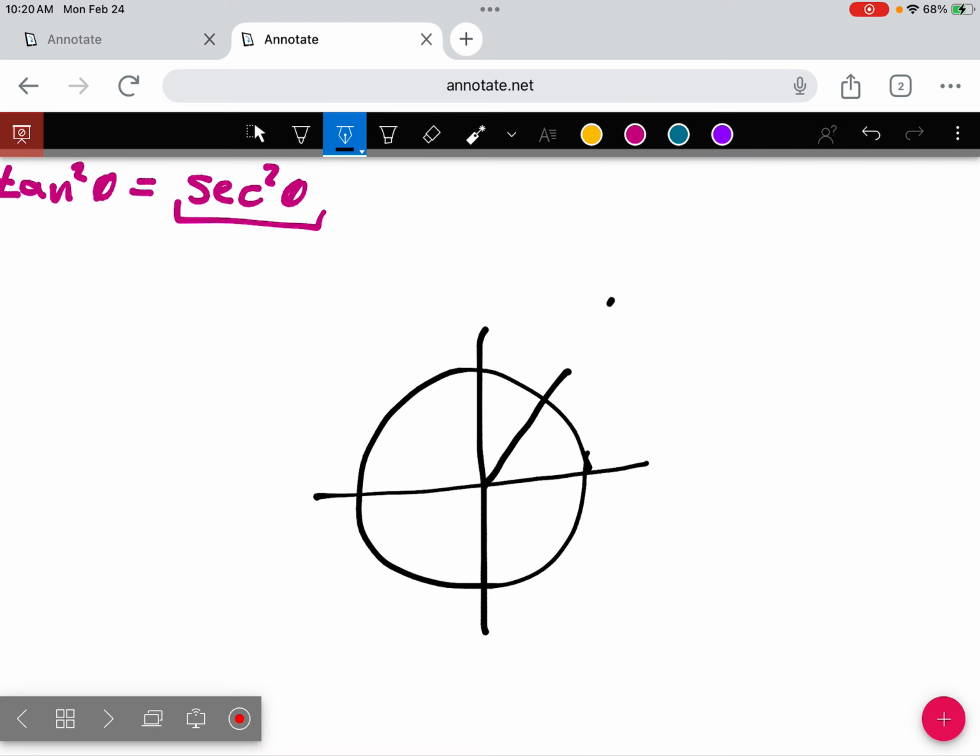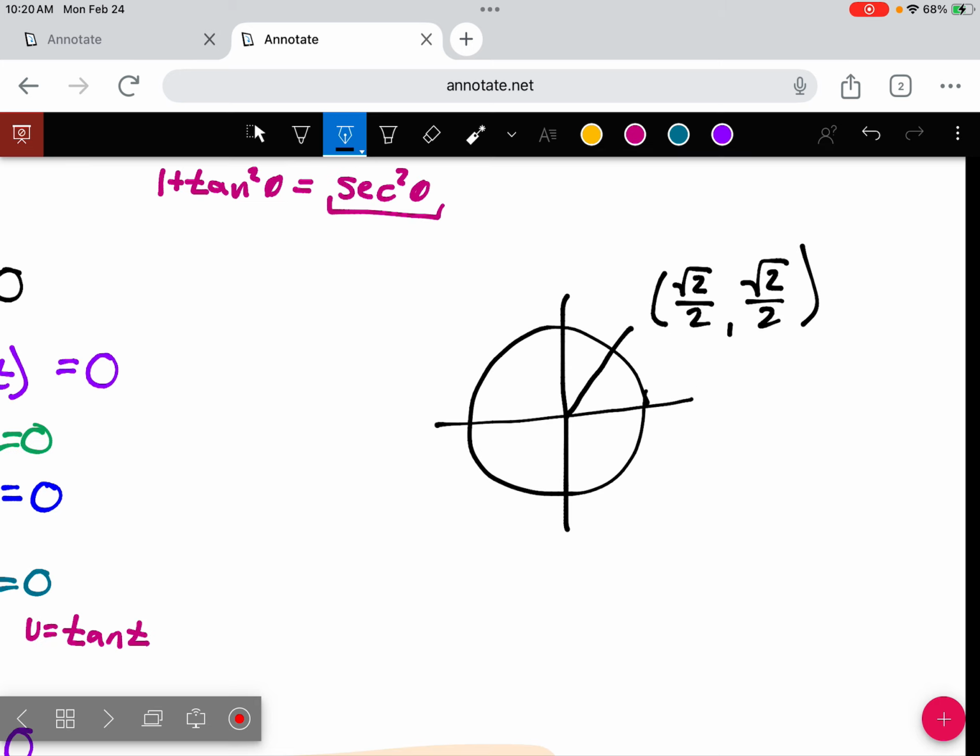On this guy, we have square root of 2 over 2, square root of 2 over 2, because when we take that tangent, that would be 1. If we had our 3 pi over 4, we would have a tangent of negative 1. This one has tangent of 1.